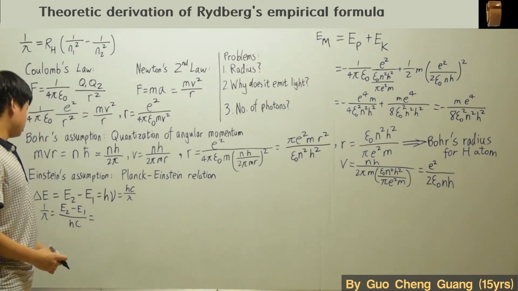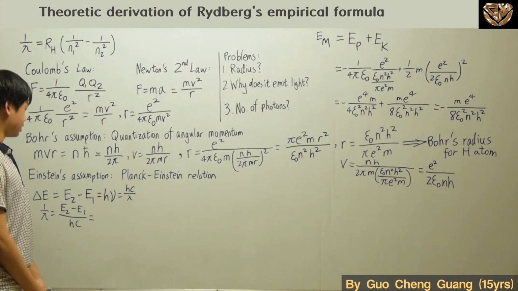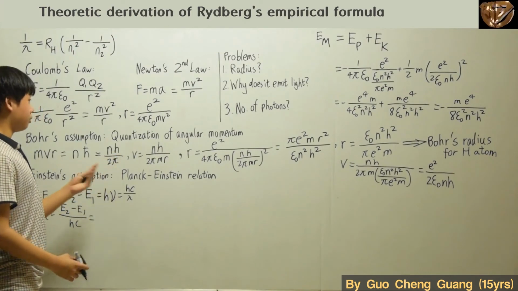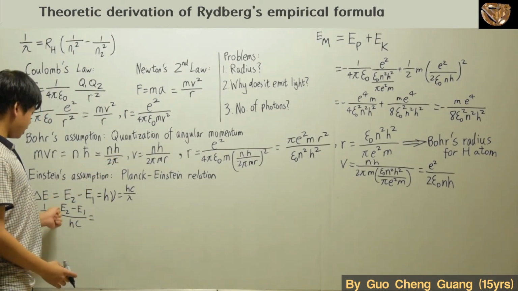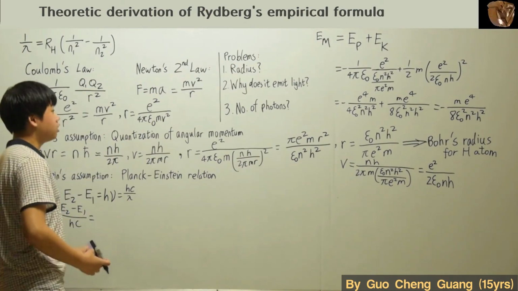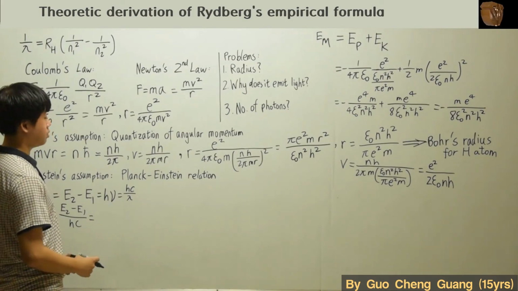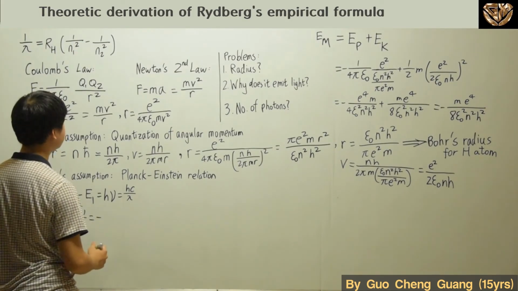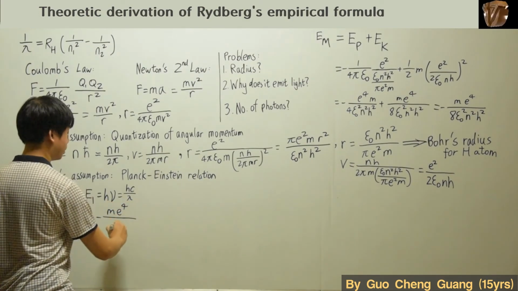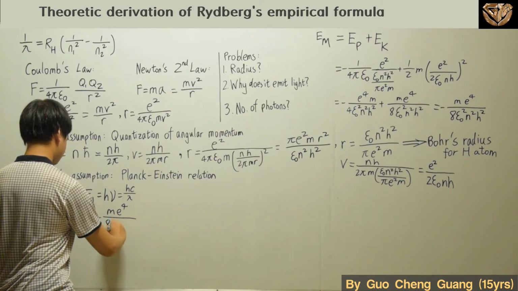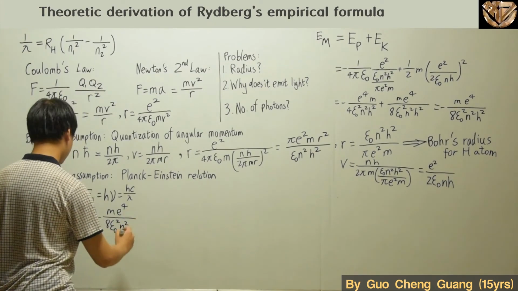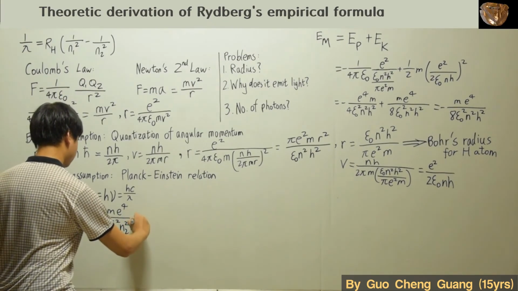Alright? So now what does this have to do with us again? Now we calculated mechanical energy for a reason, which is where we're going to use it right now. So E2 and E1, we would be using your mechanical energy to find them. So mechanical energy, now for E2, that means you have n2, which is negative m e to the power of 4 over 8 epsilon naught squared n2 squared h cubed c.